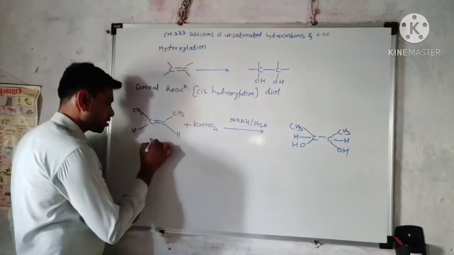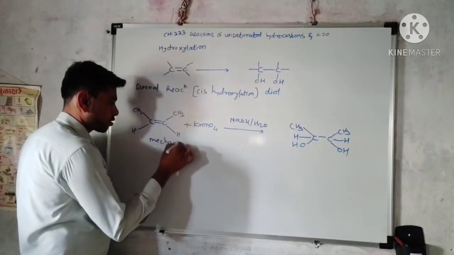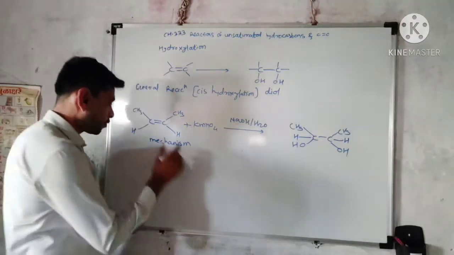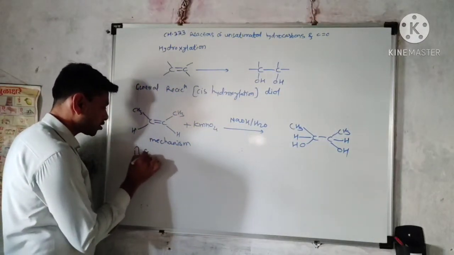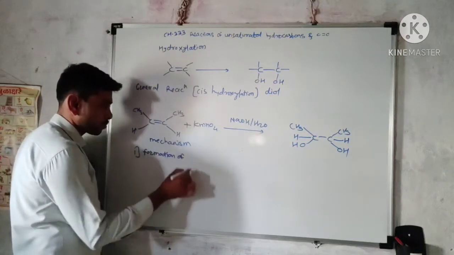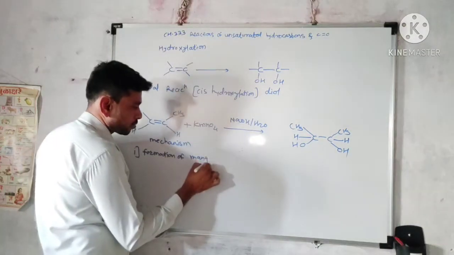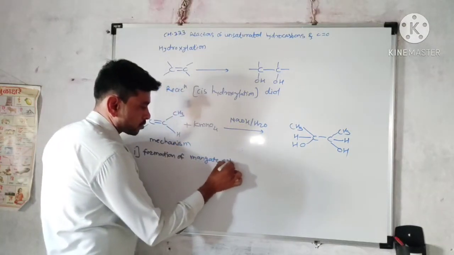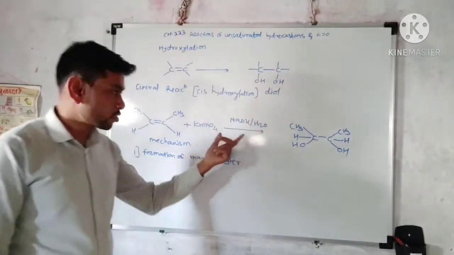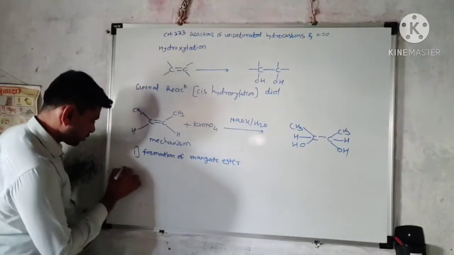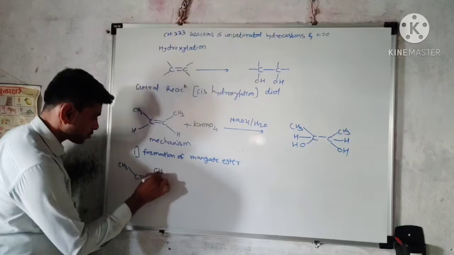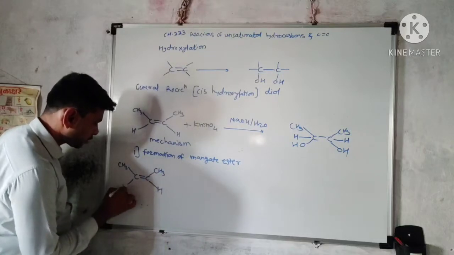Let's see the mechanism of this reaction. This mechanism takes place in two steps. The first step is the formation of cyclic manganate ester. Cyclic manganate ester formation takes place in this process of diol formation. Start with cis-2-butene.